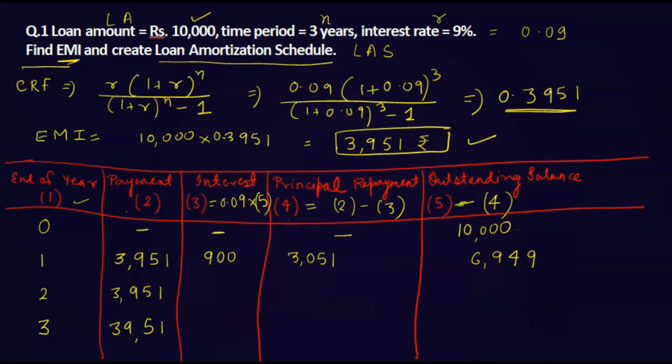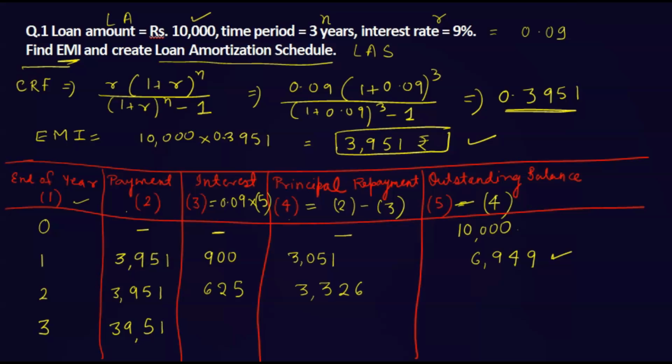Now at the end of second year, payment 3,951 same. Now third column, interest 0.09 multiplied by 6,949. Find out 9% on it, you will get 625 after rounding off the decimals. And here principal repayment, out of 3,951, if 625 is interest, then principal we are left with 3,326.